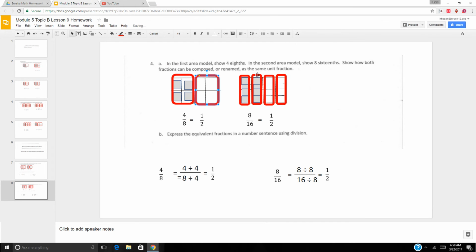They're all supposed to equal 1/2. So I would have to compose it differently so that it actually is 1/2. Okay, so this is the same 4/8, which we did before. And this is 8/16. So if we divide it into groups of 8, 8 divided by 8 is 1, 16 divided by 8 is 2, so this actually equals 1/2 also.